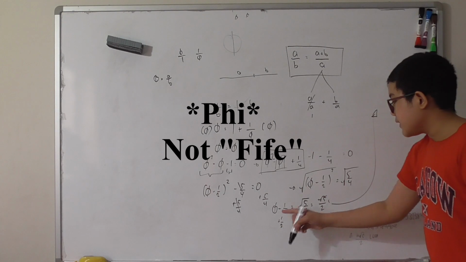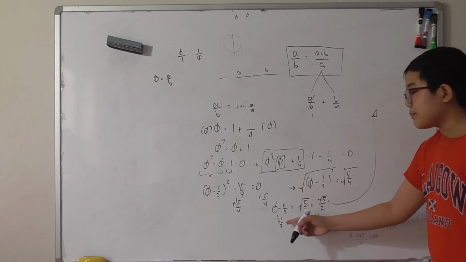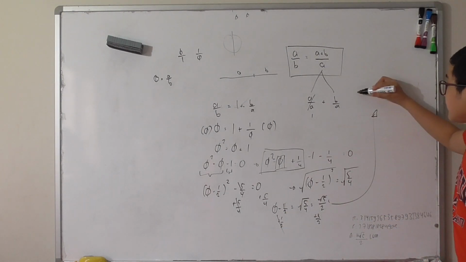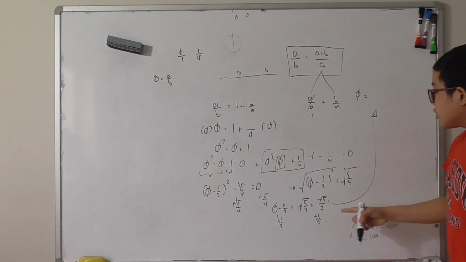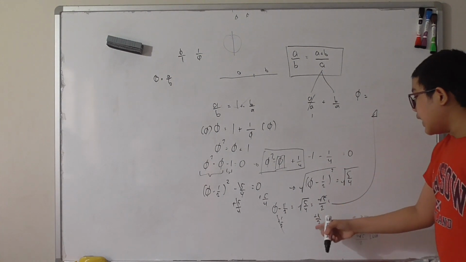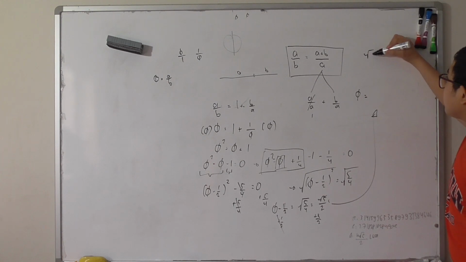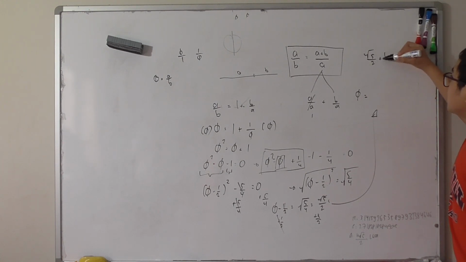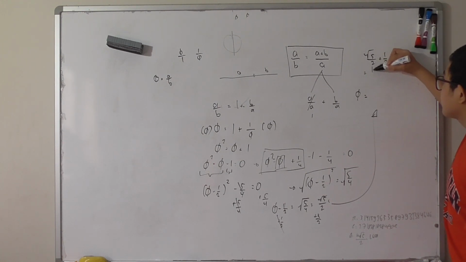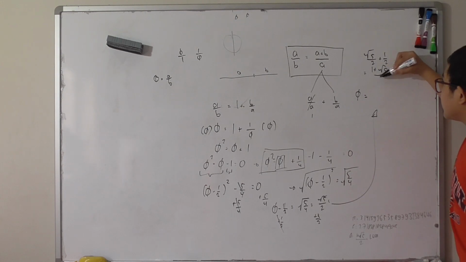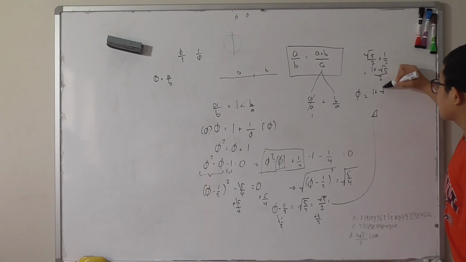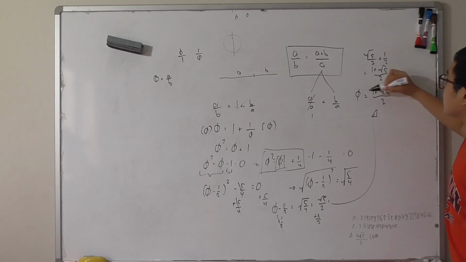Well, the negative half and positive half cancel out. So you get that phi is equal to square root of 5/2 plus half, which is basically just equal to 1 plus square root of 5/2. And there you go. That is the expression for phi, the golden ratio.